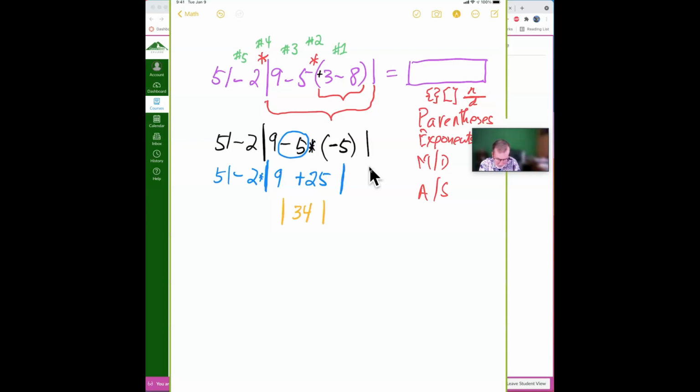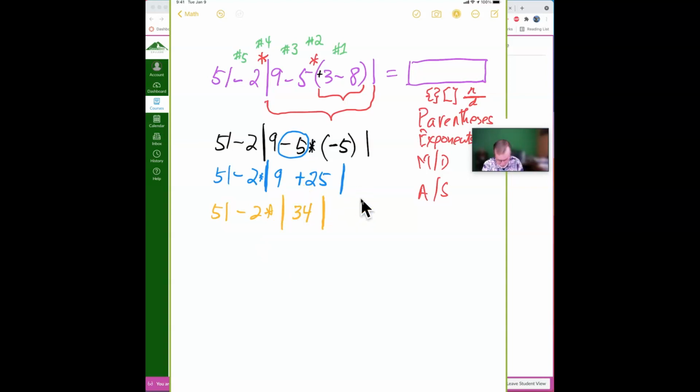And actually, I'm just thinking right now that absolute value is not always considered an operation, but it kind of is an operation in its own right. And the operation here is taking this value outside of the absolute value brackets. And when that happens, this number, no matter what it is, it comes out positive.